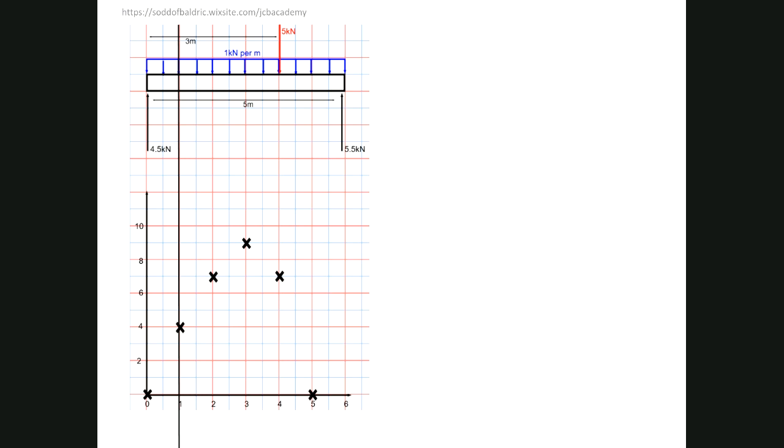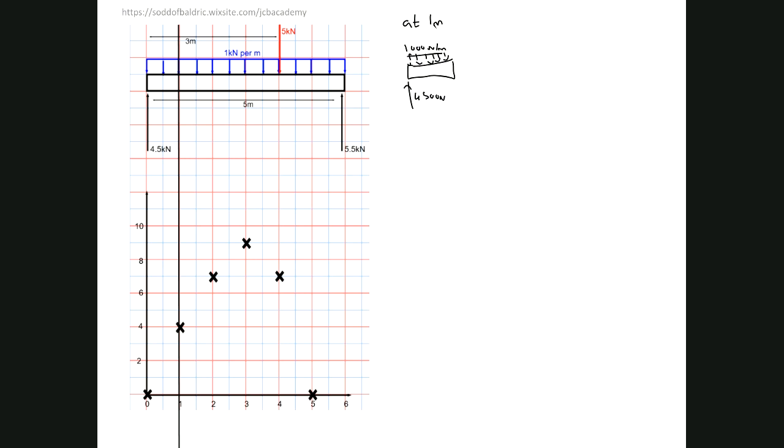So at 1 meter, what in essence I've got for my beam, assuming it's supported, is 4,500 newtons pushing up and a UDL of 1,000 newtons per meter acting over 1 meter.